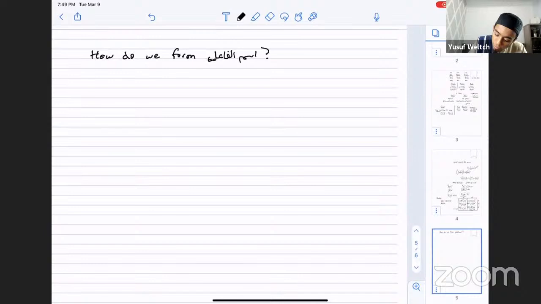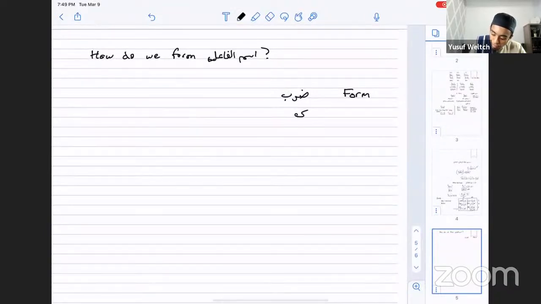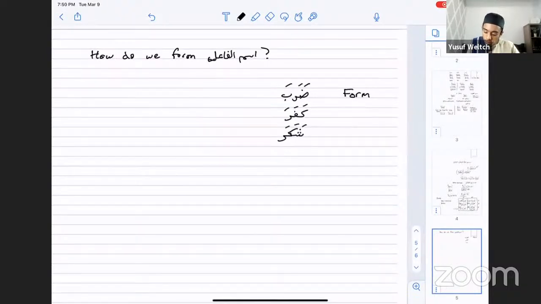Okay, if it's form 1, then it's very easy. You take your verb or whatever root letters you want to use. We have three verbs here. They're all form 1. Let's do one more. Nasara. Okay, we want to change this to ism fa'il.